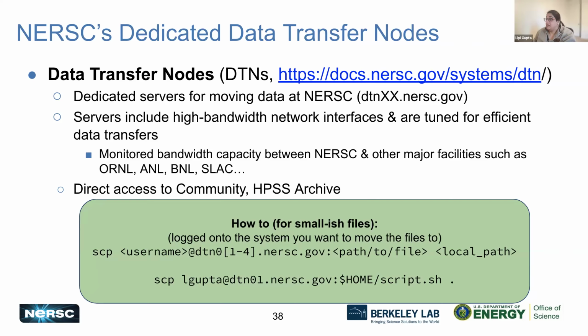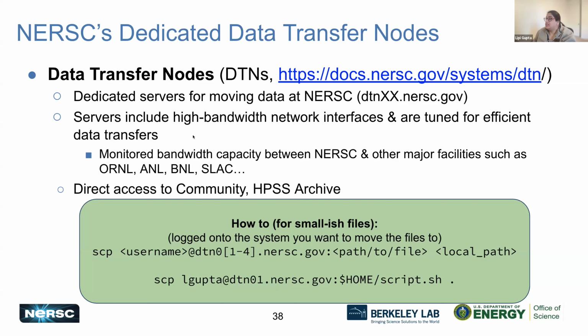These are specifically meant for moving data, and they're set up for high bandwidth data transfers. They're specifically meant for transferring between a lot of the other major facilities. Well, they're kind of set up for that. You can send things anywhere, but they have monitored bandwidth capacity.